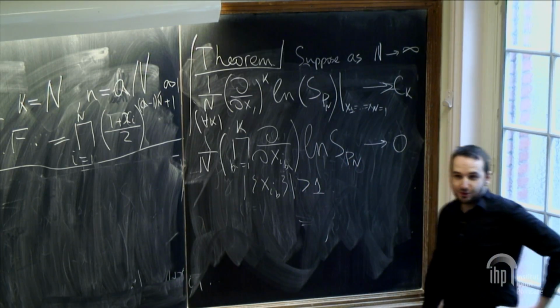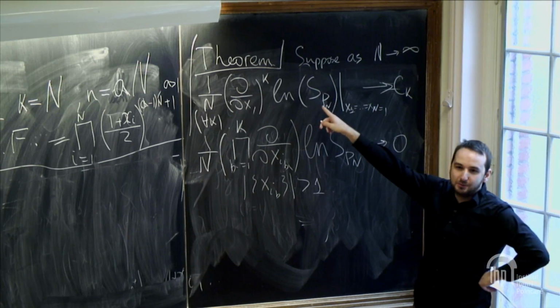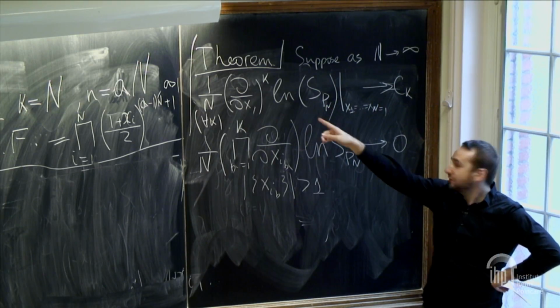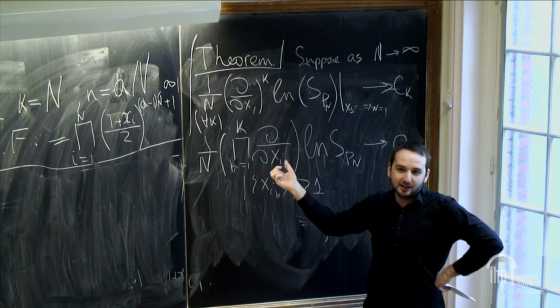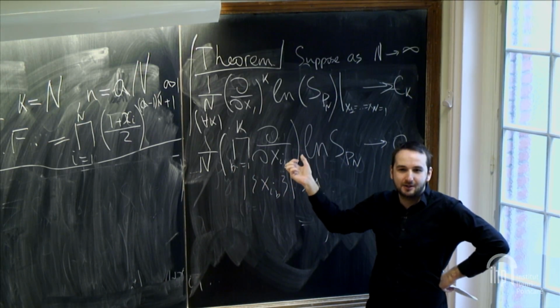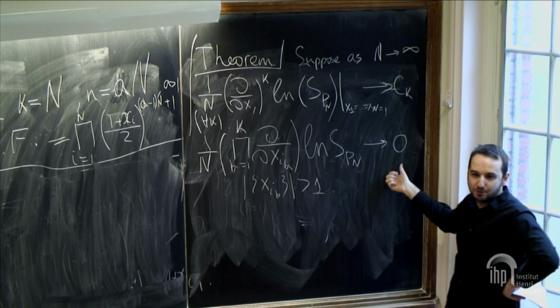In other words, if you differentiate with respect to one variable, then after normalization you have a limit. And if you differentiate with respect to at least two variables, maybe more, 3, 4, etc., any finite collection, then the limit should be 0.